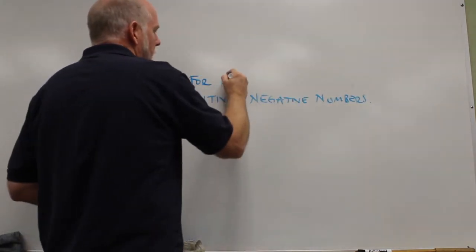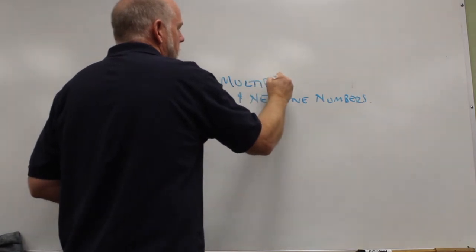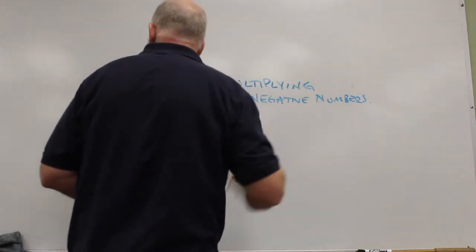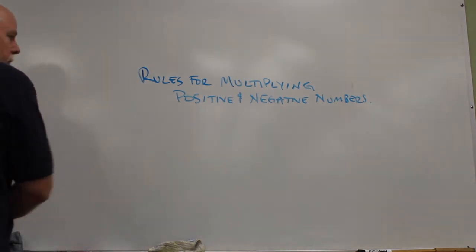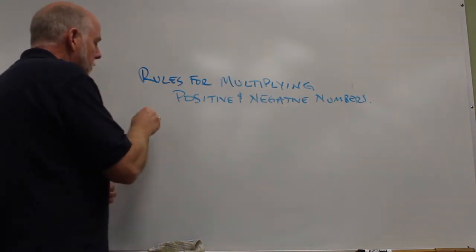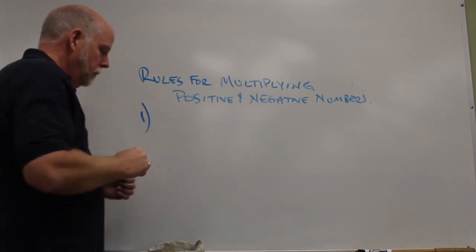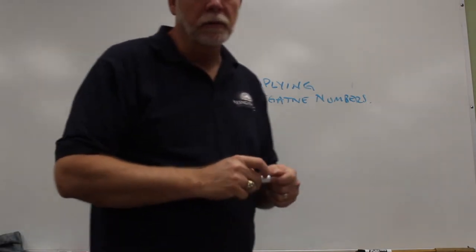All right? So if we are multiplying positive and negative numbers here, our rules are very similar, so make sure you don't get them confused with the addition rules.